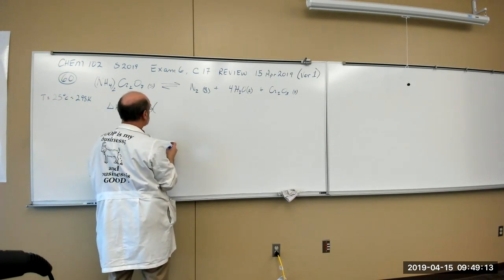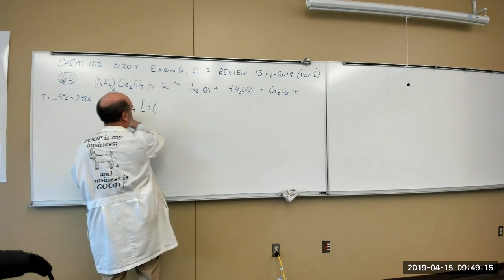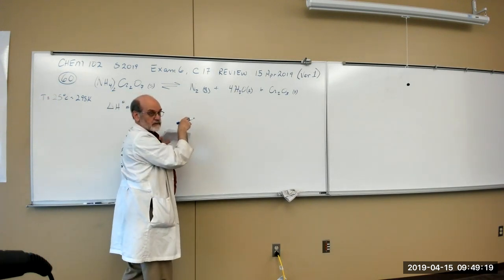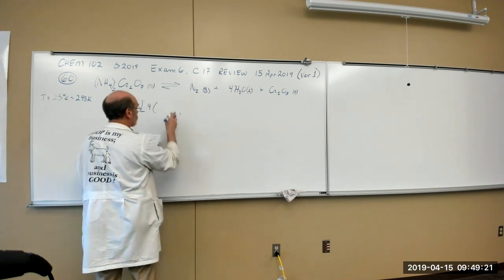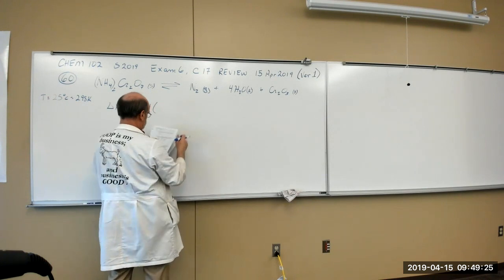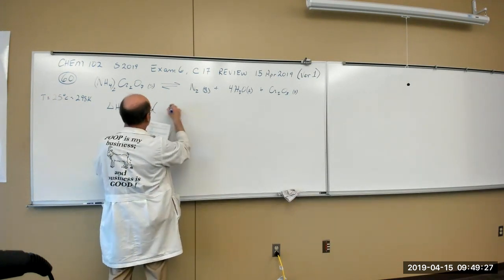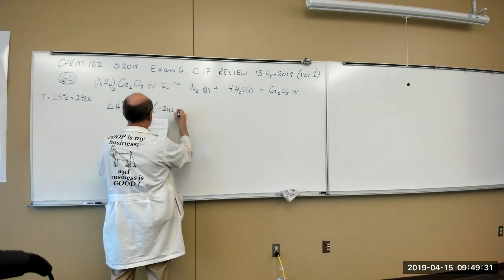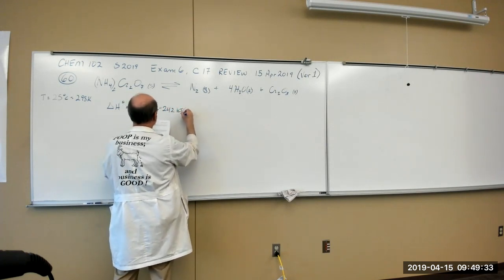Why'd you say 0? Because we're doing enthalpies, and that's an element. Enthalpies for elements are always 0, and it's in the chart too. And water is 4 times minus 242 kilojoules per mole.